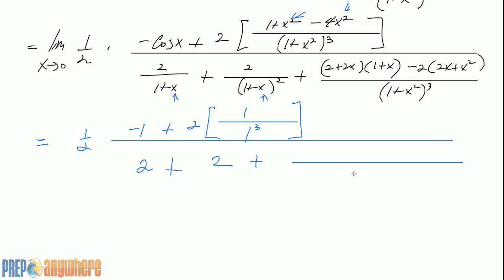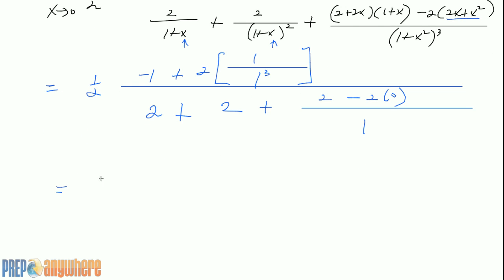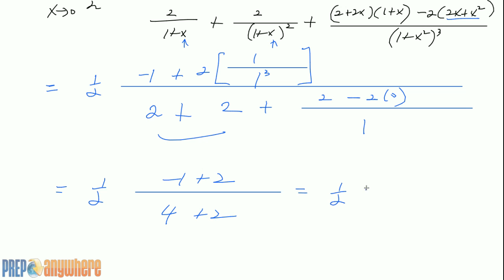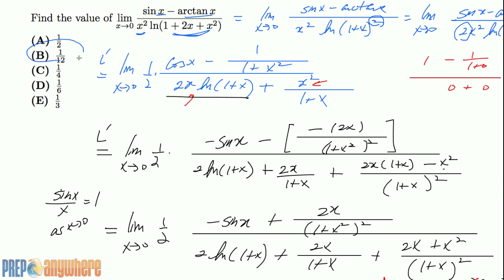The bottom here also is 1. Here you get 2 times 1, that's 2. And this is all going to turn into 0, so we don't get a 0 over 0 case anymore. This is minus 1 plus 2, 4 plus 2. So you get half times 1 over 6, which is 1 over 12. That's one of the choices.